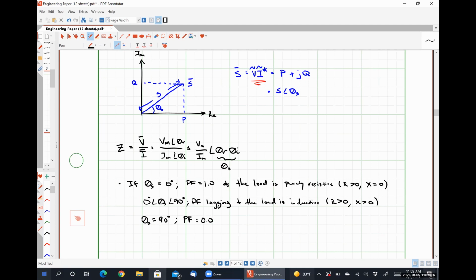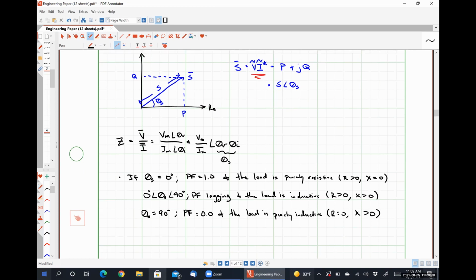We're operating at 0% efficiency, and the load is purely inductive, where R is equal to 0 and X is greater than 0.